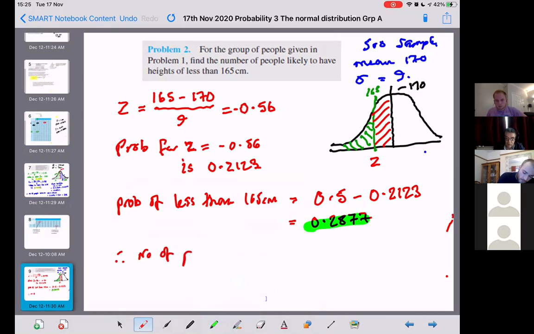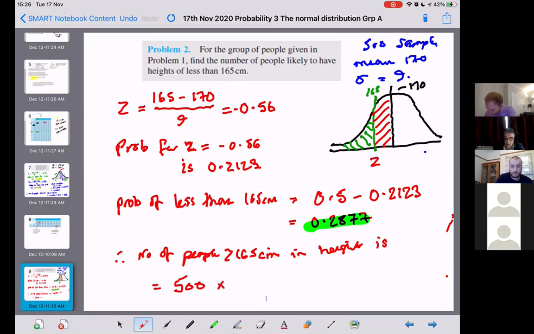So therefore, the number of people less than 165 centimeters in height is 500 times 0.2877, which is 143.8, so it's 144 to the nearest person.